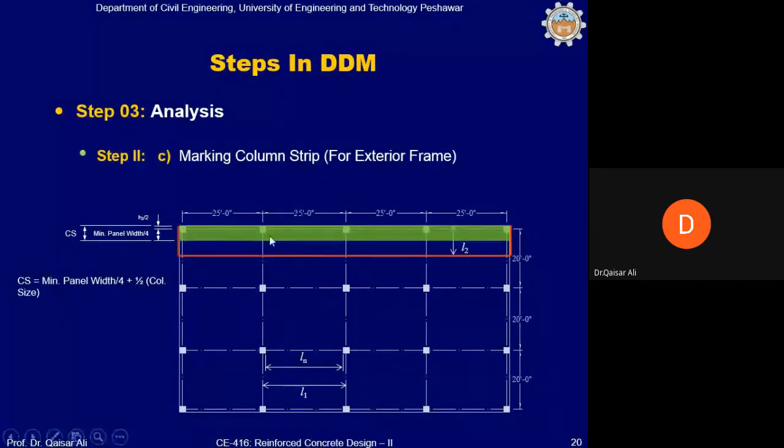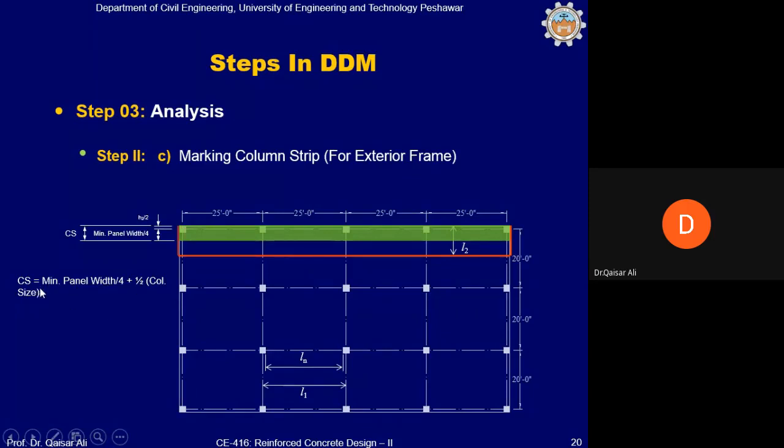So the portion of the slab on one side of the column center line, half of that will be added to the column strip, and the remaining portion on the other side up to the column edge will also be added to make the column strip of the exterior frame.